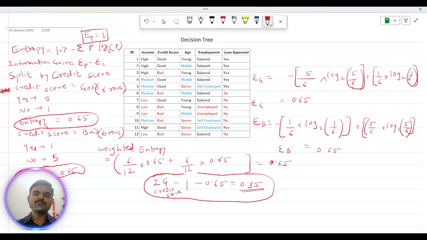Now I will again remove all this, and here I will mention on the top IG of income, IG of credit score, and IG of employment we will see, and here I will write down 0.35, and for income I will write down 0.33.